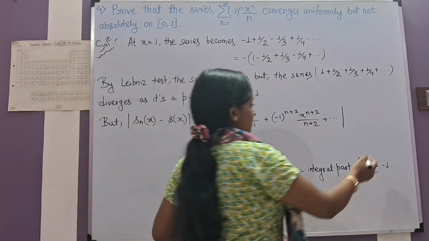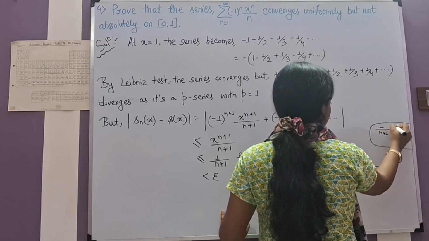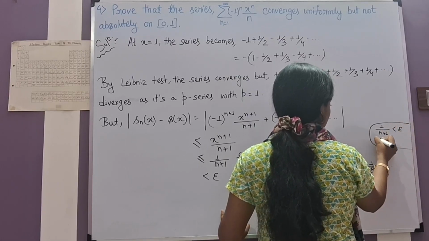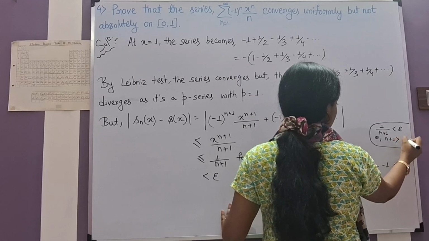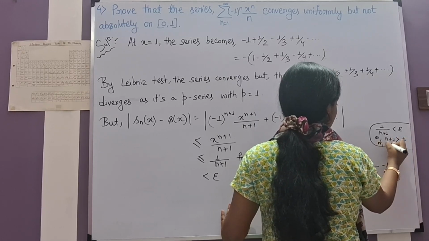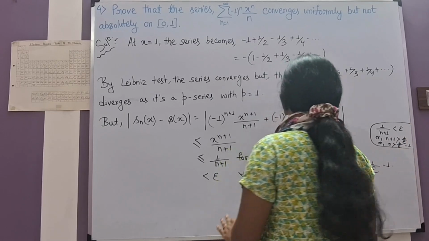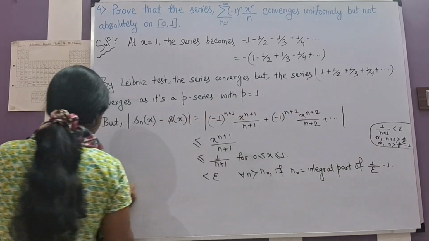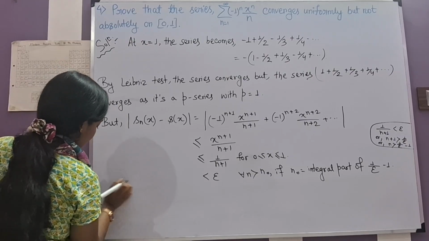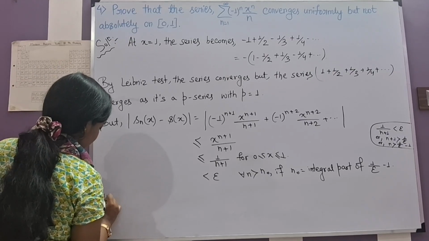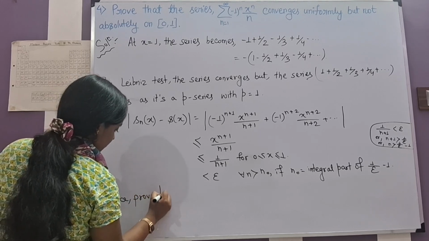How we can find this? 1 by n plus 1, this is less than epsilon, or n plus 1 is greater than 1 by epsilon, or n greater than 1 by epsilon minus 1. Hence proved.